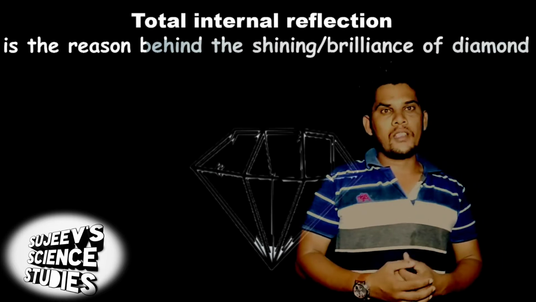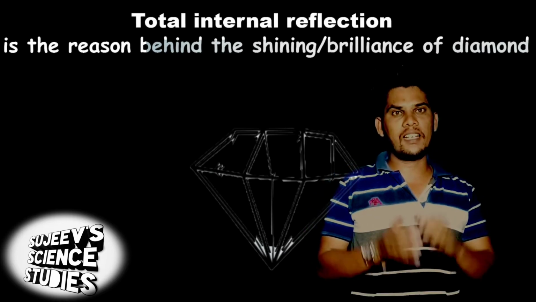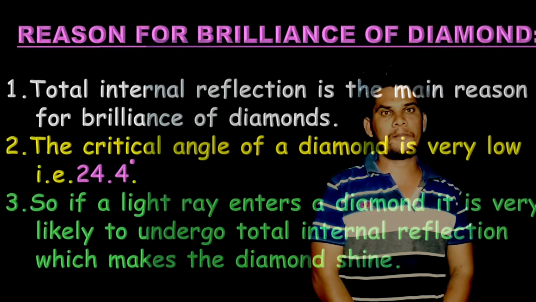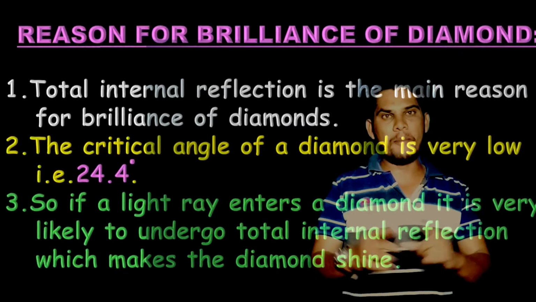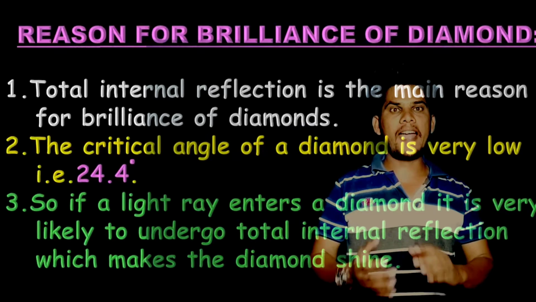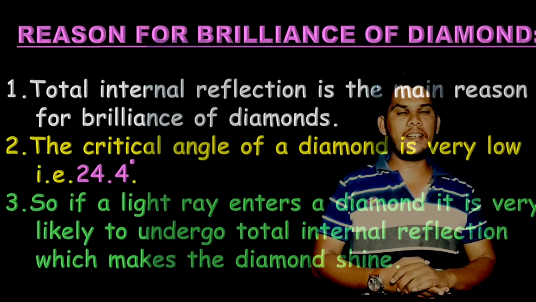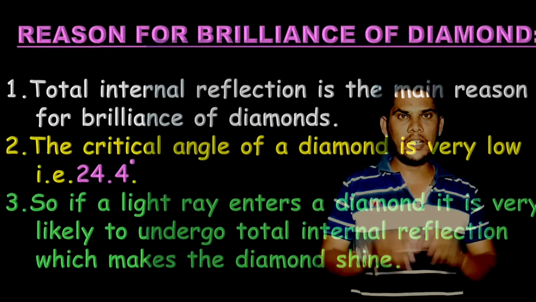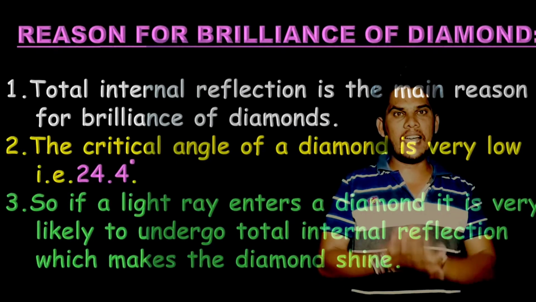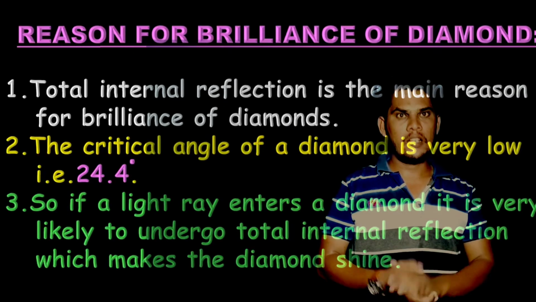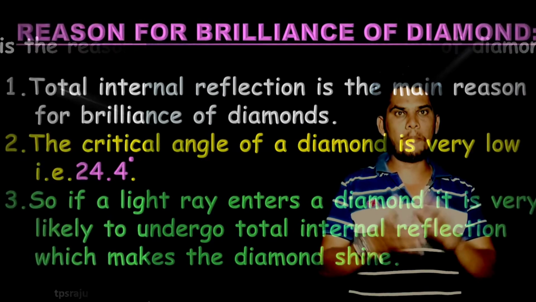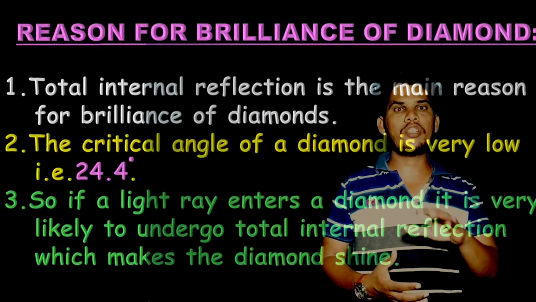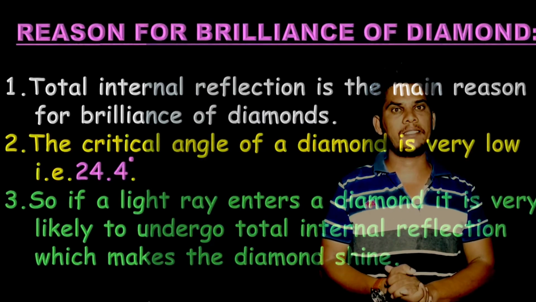There is a strong reason behind that. That reason is nothing but total internal reflection. Actually, the critical angle of a diamond is very small, approximately 24.4 degrees.